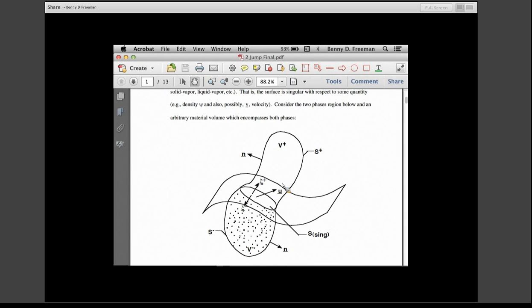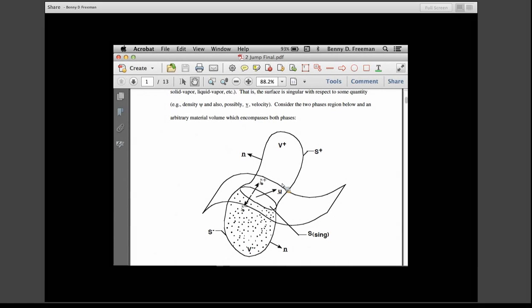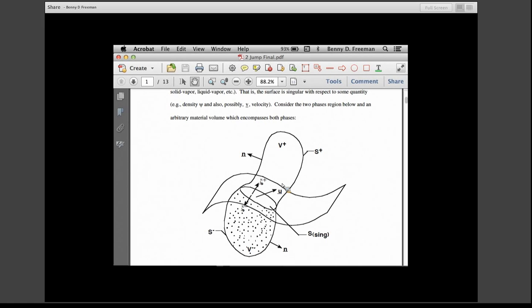And that's where the name of these interfacial balances comes from. We call them jump mass balances, because originally it was expressed that there was a jump, or a discontinuity, in some of the physical properties at that interface, in things like density going from the liquid to the gas phase.